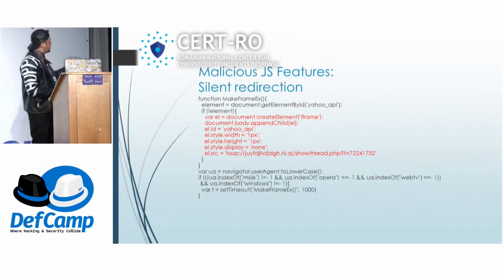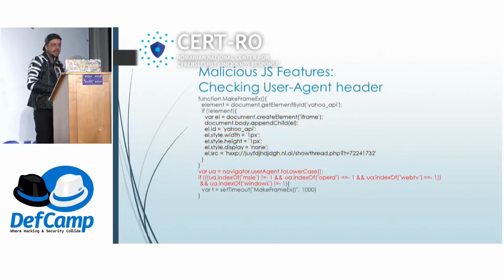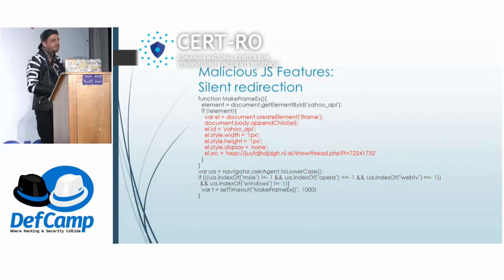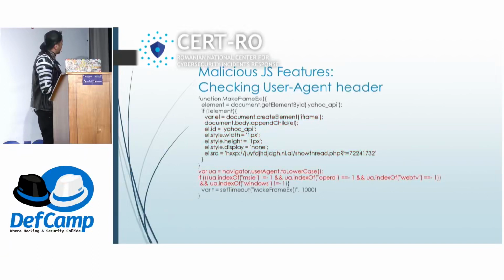When we deobfuscate this code, we see that they create the silent redirection in this part. They have the user agent check here, so only if it's an Internet Explorer, Opera, Web TV, or Windows, it will be exploited.